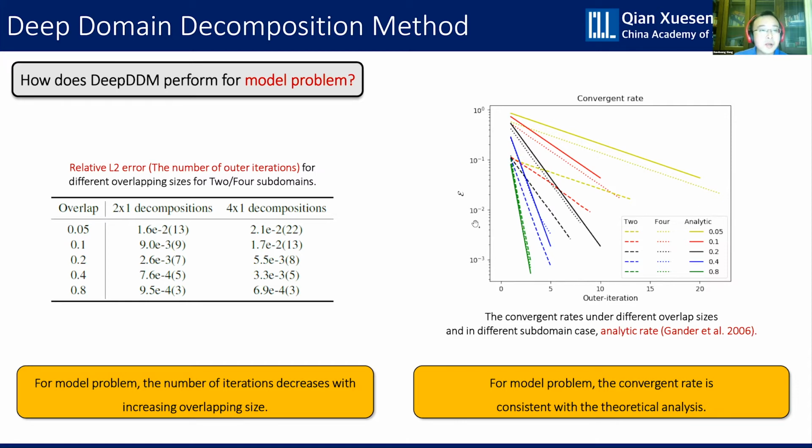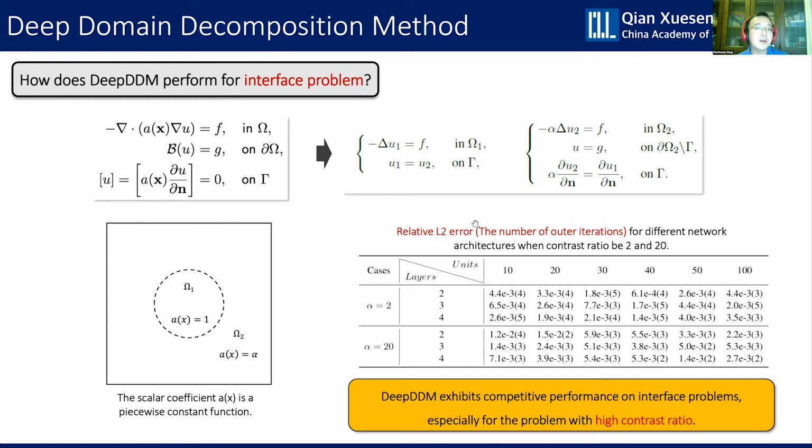So then we want to show how our method performs for the interface problem. Here I just give a very simple interface problem. Due to the interface, we divide the domain into omega 1 and omega 2, and the contrast ratio we denote by alpha. The results show that our method exhibits competitive performance on the interface problem.